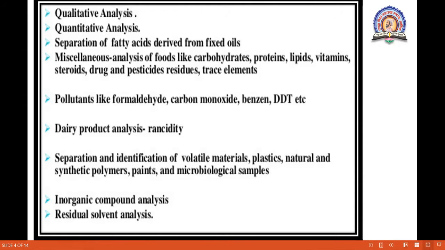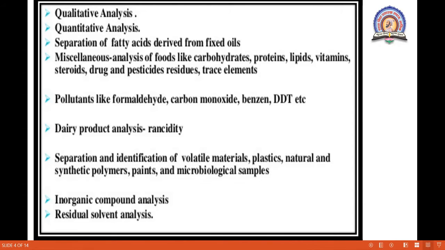Dairy product analysis is also done by using this gas chromatographic technique. Separation and identification of volatile materials, plastics, natural and synthetic polymers, paints and microbiological samples are also done by using this technique.